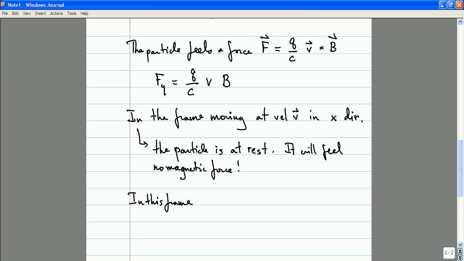But it can't be a magnetic force, because V is equal to 0, so a particle will never feel a magnetic force. And so what must happen is that the particle must feel an electric force. So in this frame, there must be an electric field.